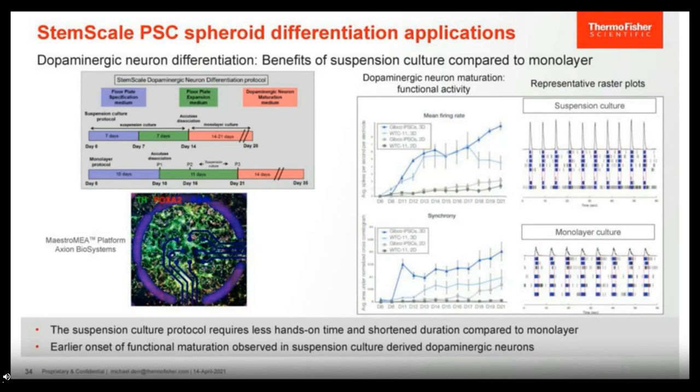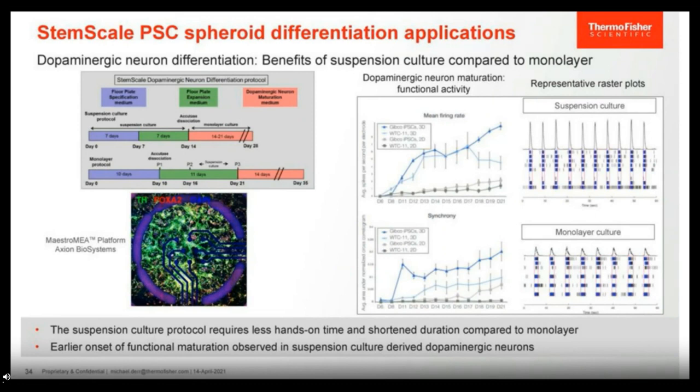So the time to go into maturation, the suspension culture requires 14 days, whereas the monolayer protocol requires 21 days. And again, 1 dissociation in suspension culture compared to 3 for the monolayer.